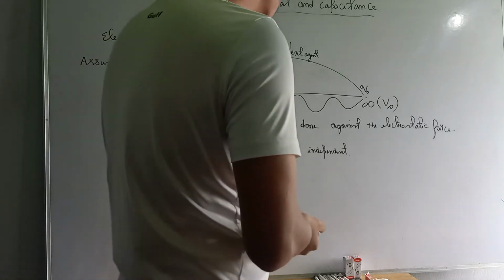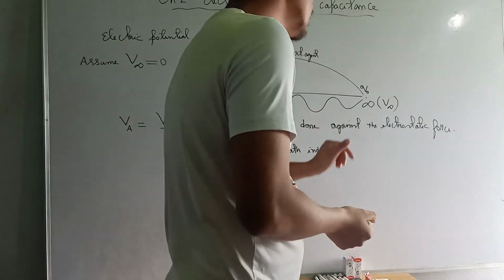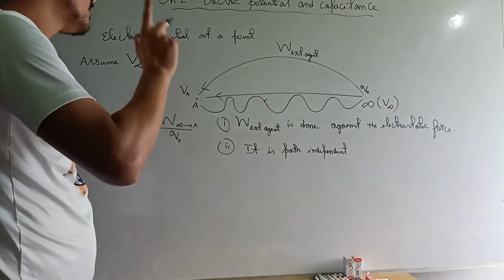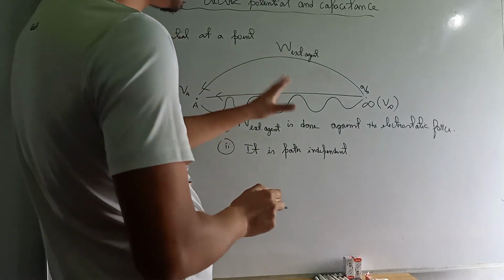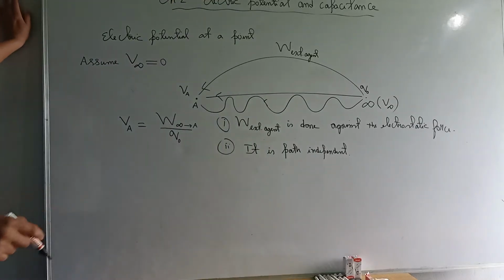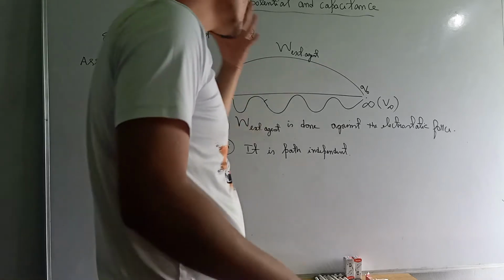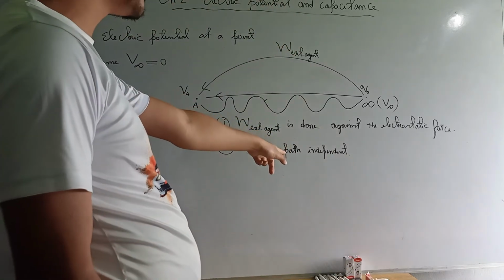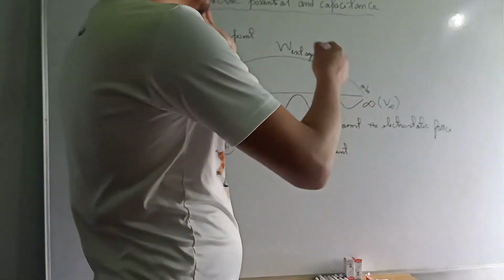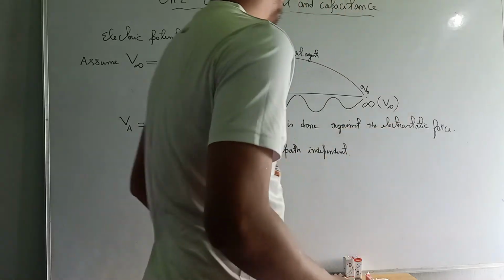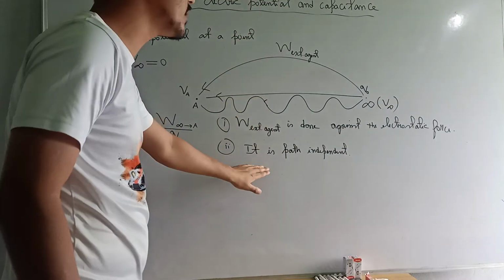And work done is path independent only if the force is conservative. In class 11, you have studied about conservative and non-conservative forces. So only if the force is conservative, then it is path independent. You are doing the work against the electrostatic force, and the work done is path independent.